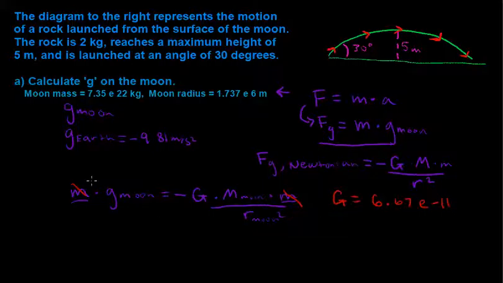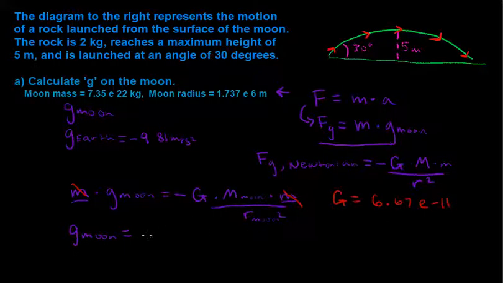So anyway, let's get our purple back, and we're just going to rewrite this, and now we are going to replace all three of these variables with the numbers that we know.